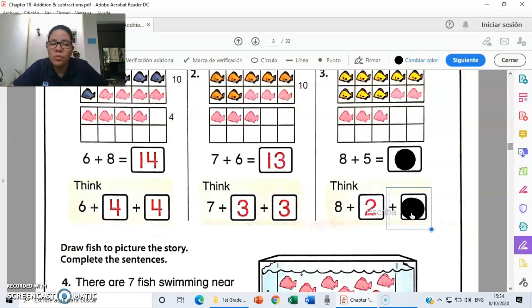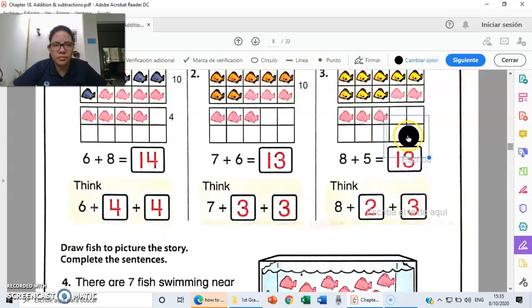Plus 3. So now you say 8 plus 2 is 10. And 10 plus 3, 13.